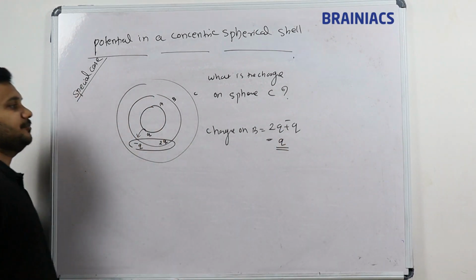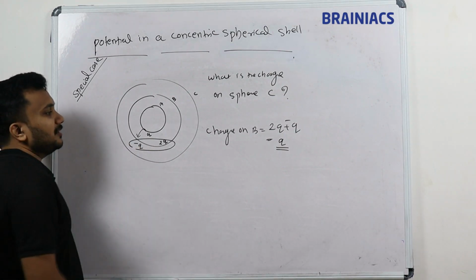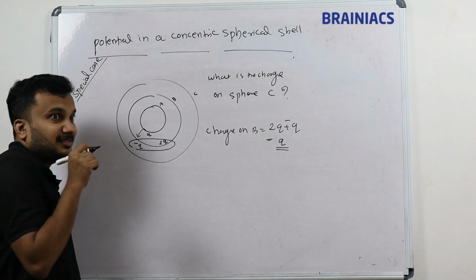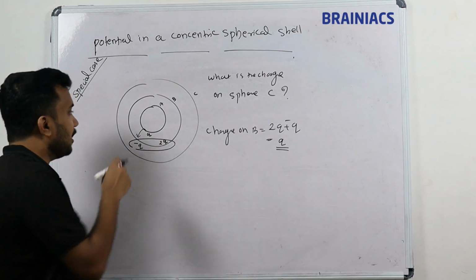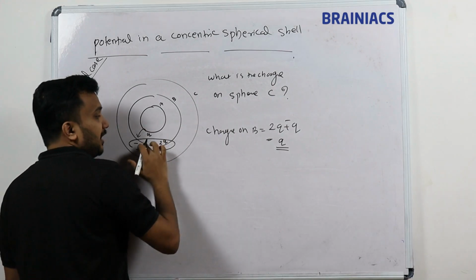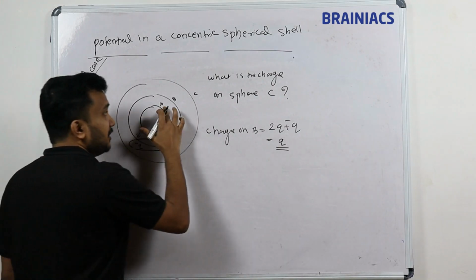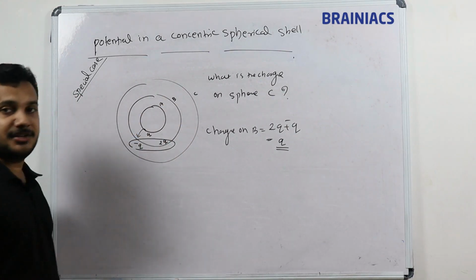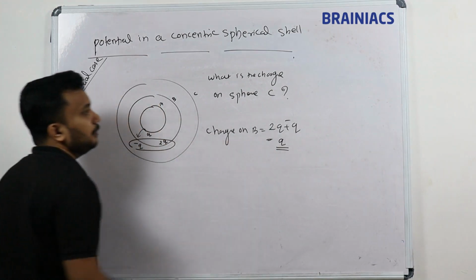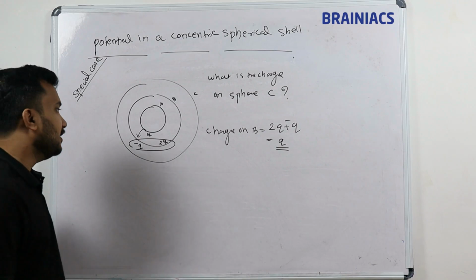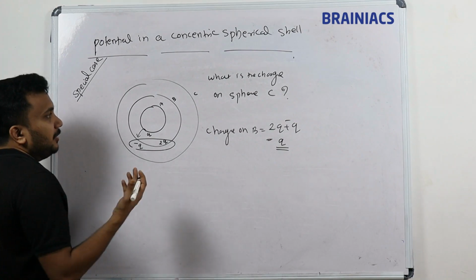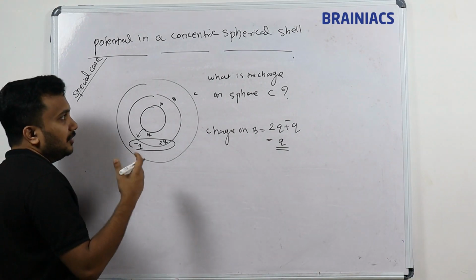Now I know q amount of charge will be on sphere B. This minus q is induced because of the plus q on sphere A, and sphere A will induce minus q here, and minus q plus 2q plus q will be the charge on sphere B. So if we take the same concept here, what will be the charge induced on C?